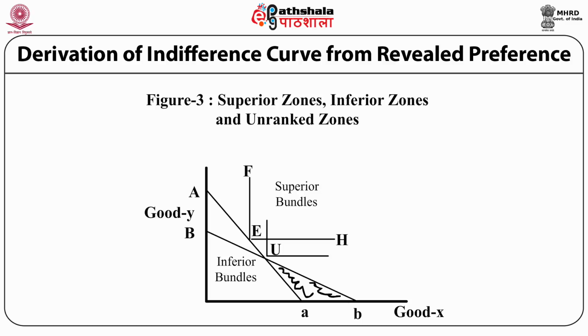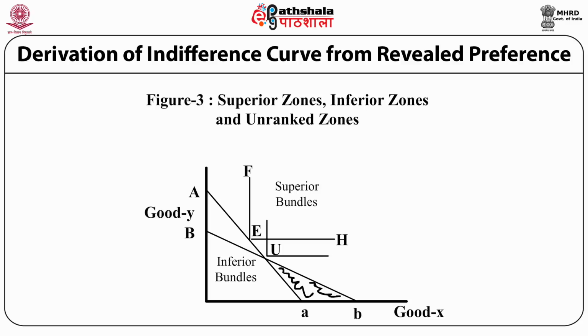Bundles of goods in the area represented by FEA: you start from F, come to point E, then go to capital A. And HEa: you start from H, go to E and come to the point a on the x-axis.